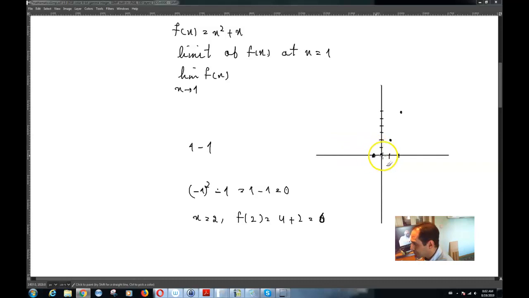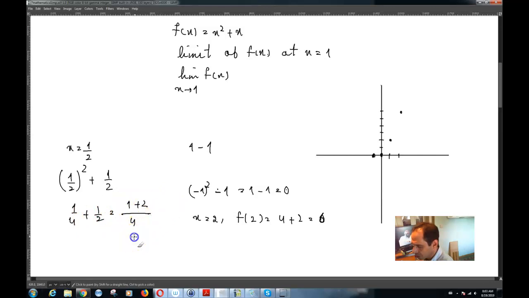That means that exactly between these 2 points you will have the vertex of the parabola. At x is equal to 1/2, you will get 1/2 squared plus 1/2, which is equal to 1/4 plus 1/2, which is equal to 3/4.